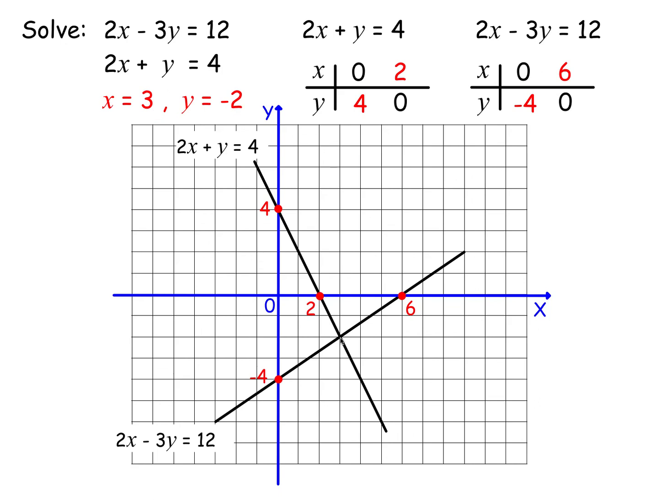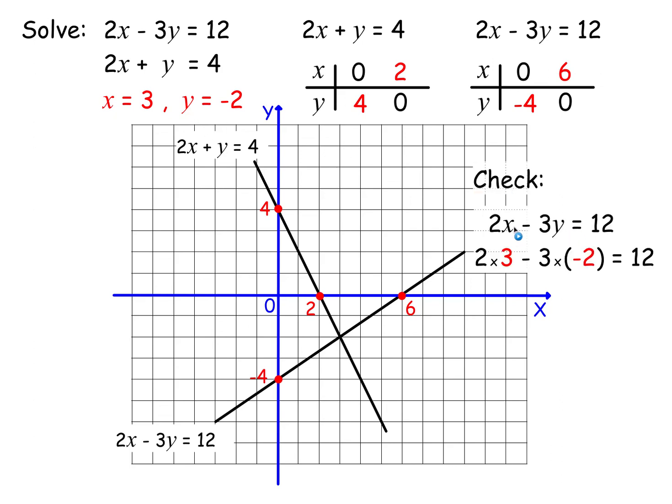So just reading off this point of intersection, that's the solution to the system of equations. You do the check. So there's 2x minus 3y equals 12, and we've got x 3, y negative 2, so it's 2 times 3, minus 3 times negative 2, that's 6 minus negative 6, same as 6 plus 6, 12. Works fine.